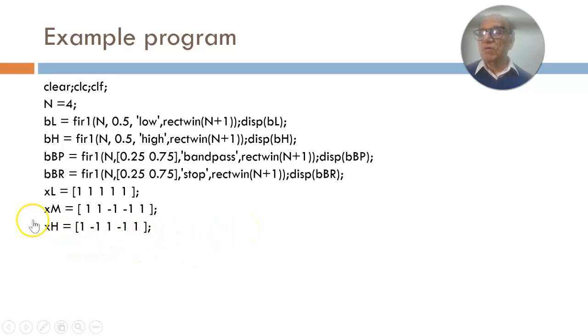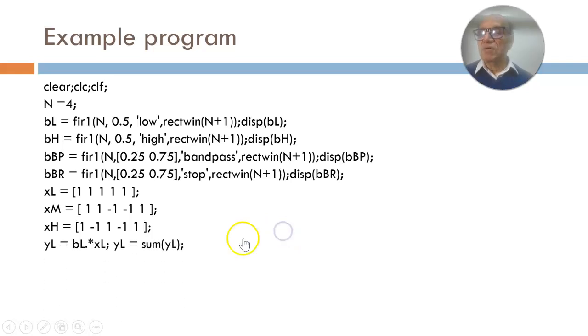Now we'll take the low pass filter, calculate the output for the low frequency signal, also calculate the output for the high frequency signal, and then print the results, which will tell us that for a low pass filter, multiplication with the low frequency signal gives a high result, whereas multiplication with the high frequency signal gives a low result.